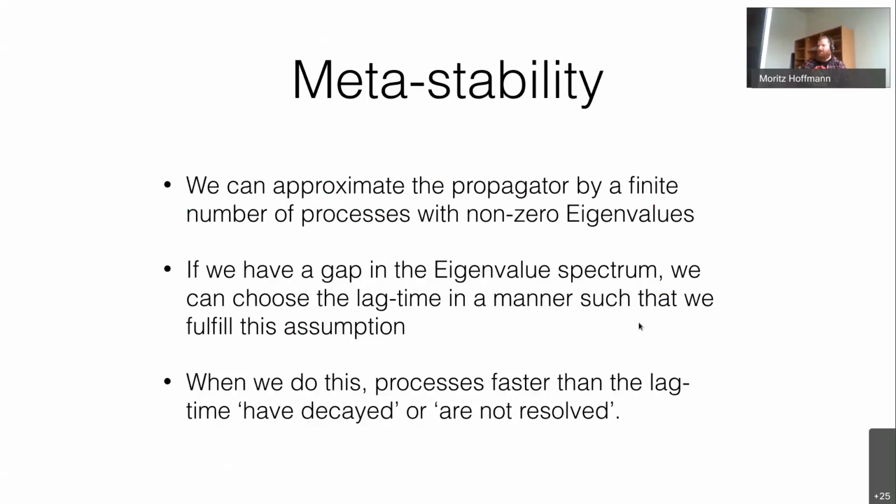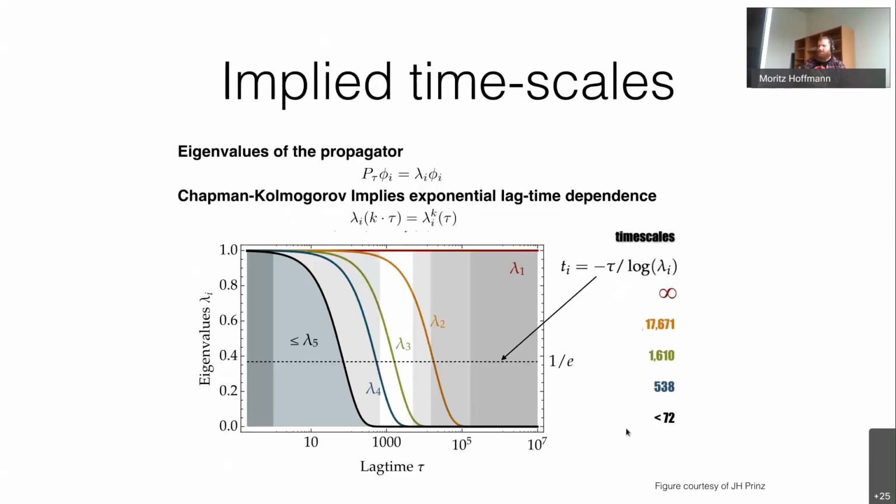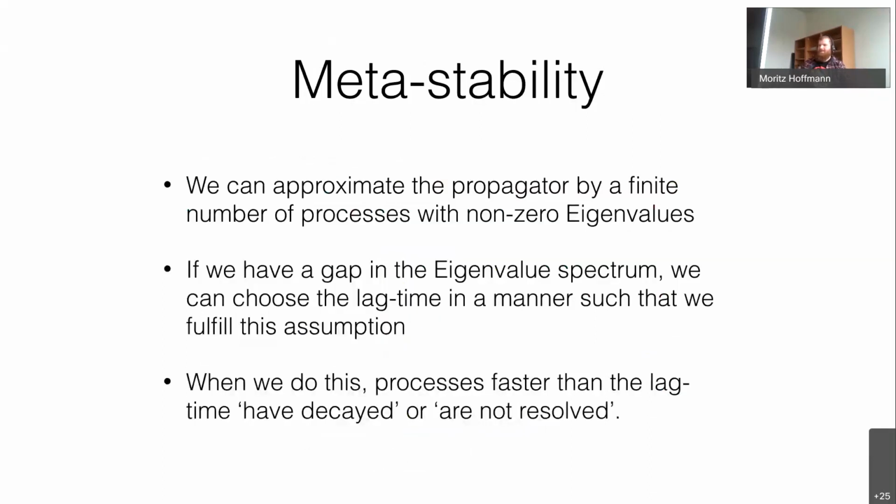And because these eigenvalues are related to timescales, we can just throw away everything that is too fast, that we don't care about, because we care about metastability. The assumption is that what is slow in the system is what is important in the system. And like this, we kind of approximate away all the noise that we don't care about. And everything that is faster than the lag time is not resolved really, and kind of disappears, because the propagator that we're learning doesn't see these processes anymore.